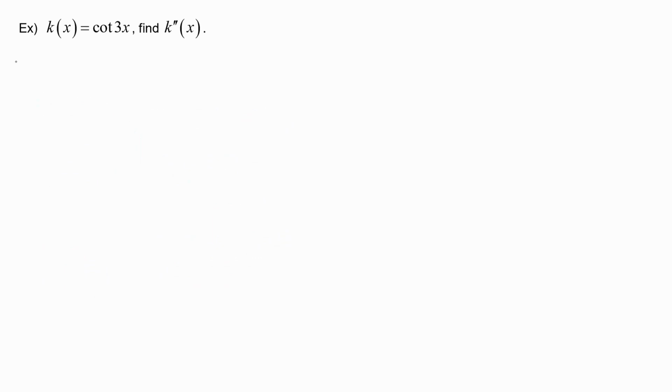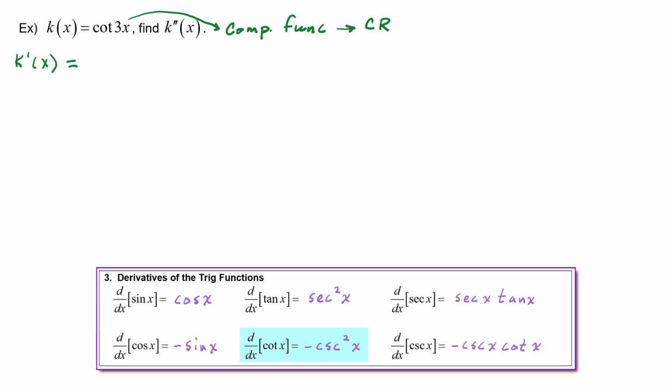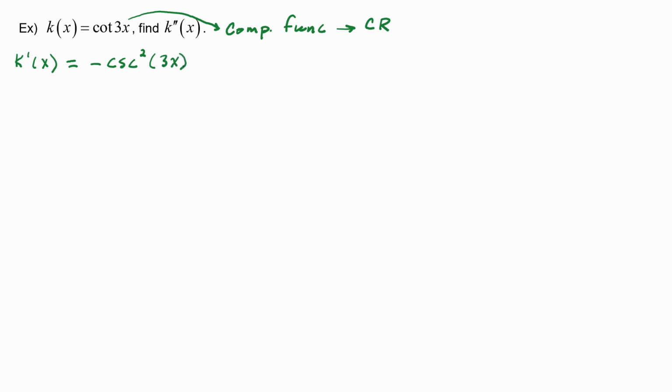So first, we have to find k prime of x. We have a composite function here. So that tells us we are going to have to use the chain rule. We know that the derivative of cotangent of some stuff is negative cosecant squared of the stuff. And then chain rule says we have to take it times the derivative of the stuff.